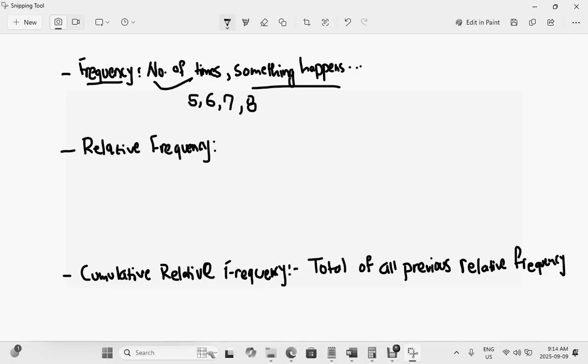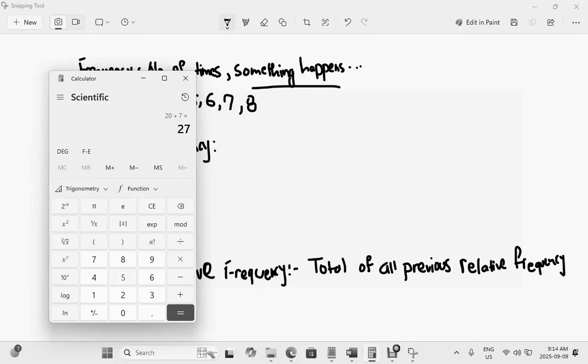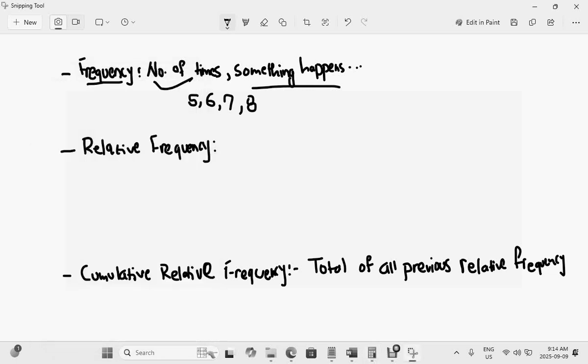Now the total number of times that you observe lightning is the total of these four numbers: 5 plus 6 plus 7 plus 8, which is 26. So this would be 5 over 26, 6 over 26, 7 over 26 and 8 over 26, relative to your base, which is 26.